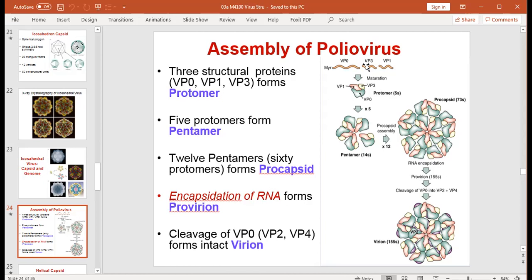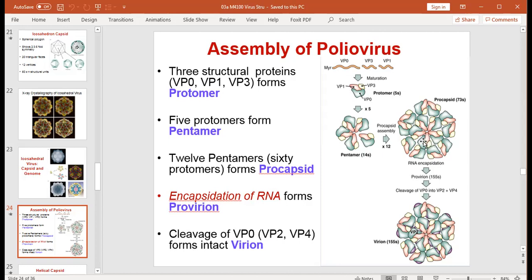These three structural proteins mature and come together to form a structure called a protomer. 5 of these protomers come together and form a pentamer. 12 pentamers, which is 12 times 5, made up of 60 protomers, come together to form a procapsid, which is significantly larger than the pentamer and the protomer.